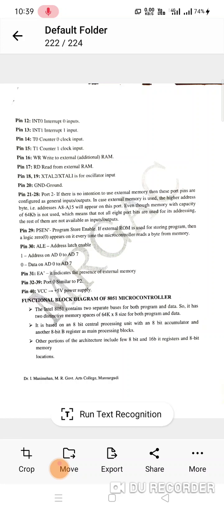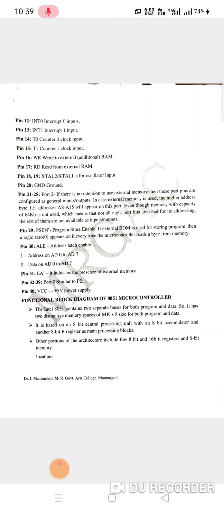That means not all of the lines A8 to A15 are used for addressing. The rest of them are not available as input output. If some lines are used for address, then the rest of the lines are not available as an input output port. Clear?